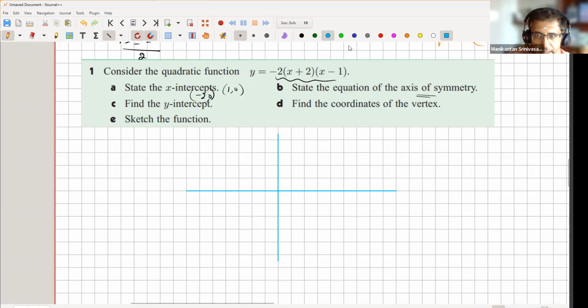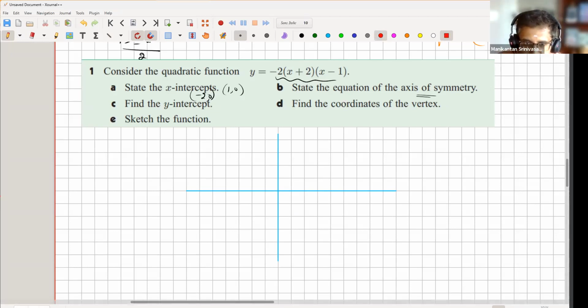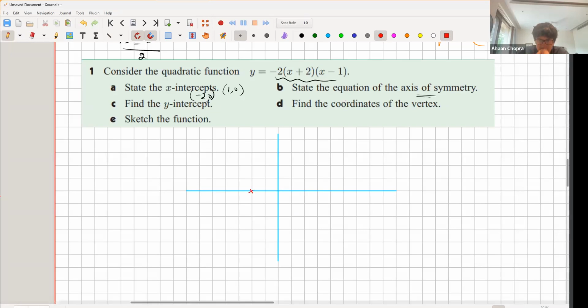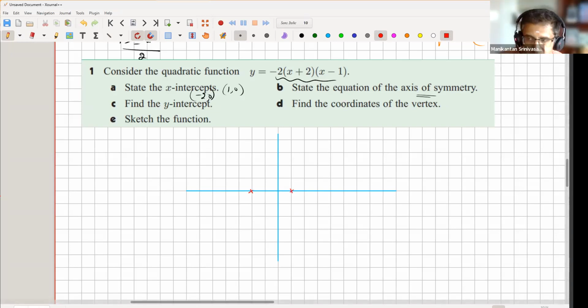Okay, so let's say the roots are at -2 and +1, right? So it passes through this point and this point. What is it that we learned about the axis of symmetry, Ahan, in relation to the two intercepts or the roots?